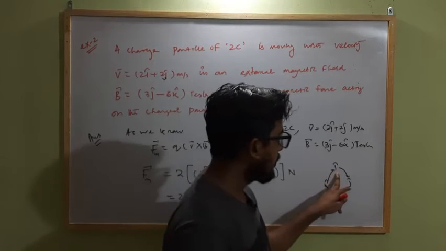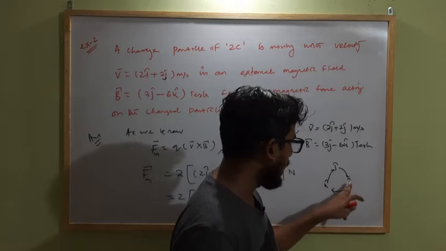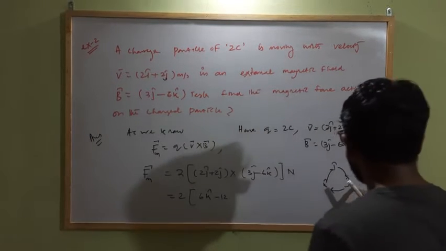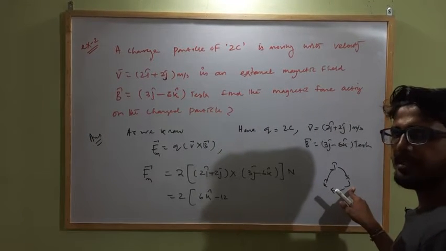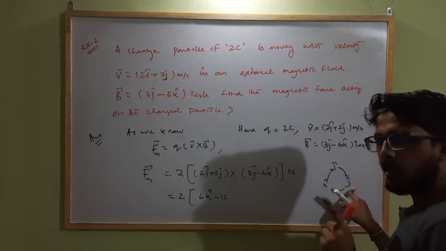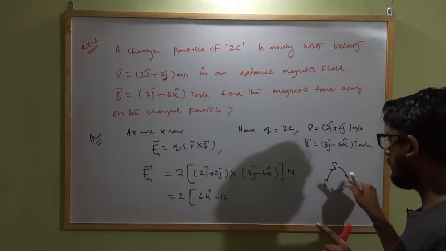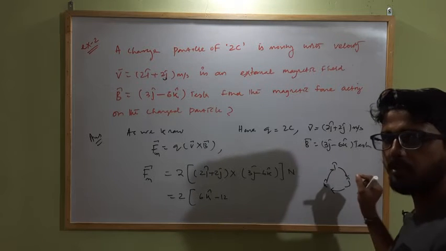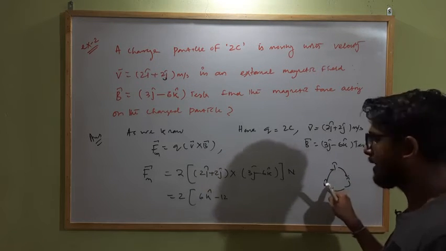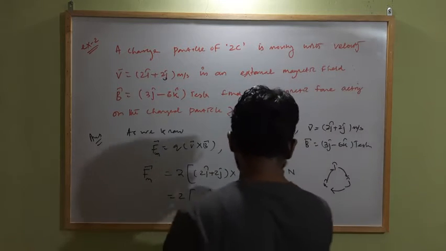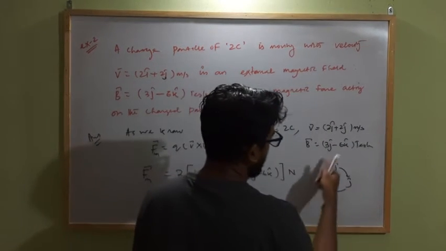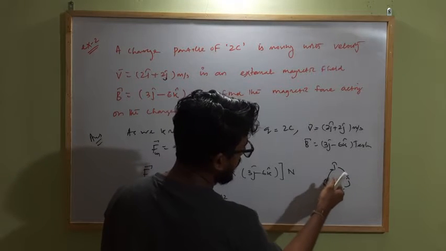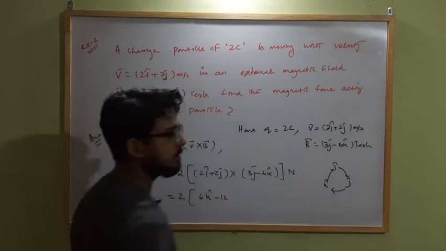Because i cross j equals |i||j| sin theta n cap, the angle between i and j is 90 degrees and sin 90 is 1. i is a unit vector, j is a unit vector, and n cap is the unit vector perpendicular to both, that will be k. In the cross product of unit vectors i, j, k, i cross j equal to k, j cross k equal to i, k cross i equal to j. This is the cyclic process.